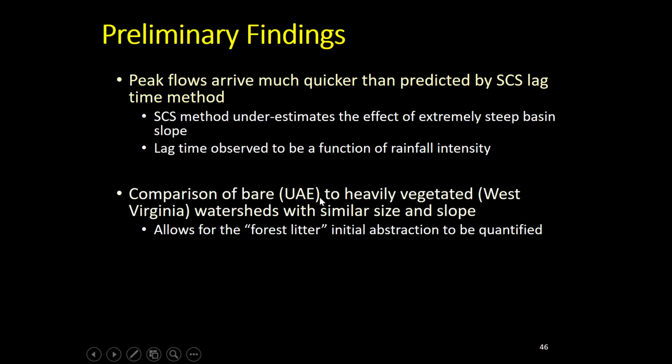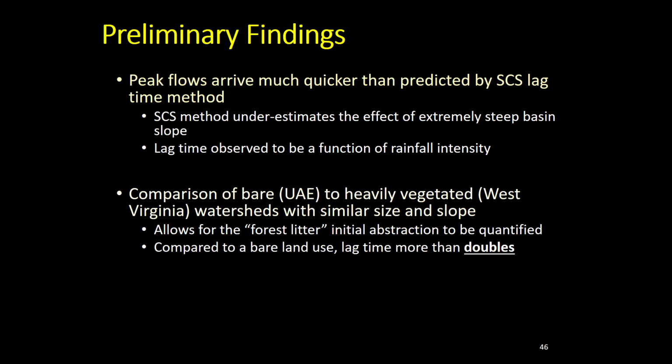Comparing these results in the UAE to data that I already had in West Virginia allows you to specifically tie differences in lag time to the land cover, because the slopes were roughly the same. And when I compared to the bare land use, lag time is doubled in West Virginia.